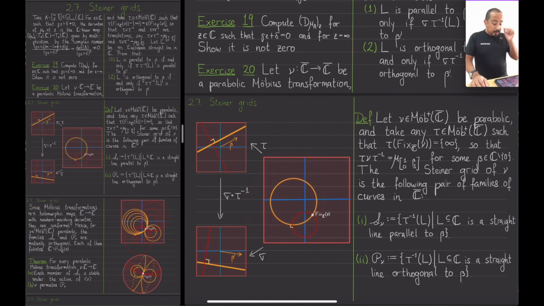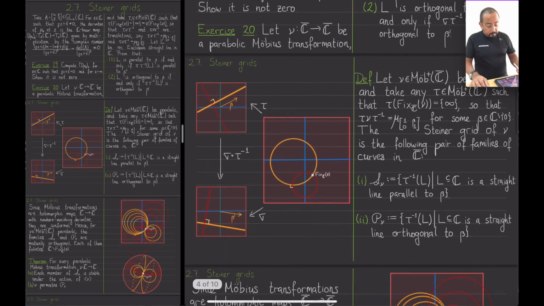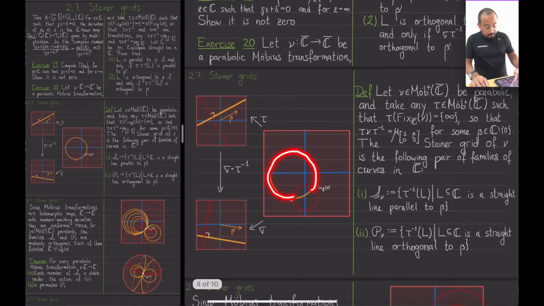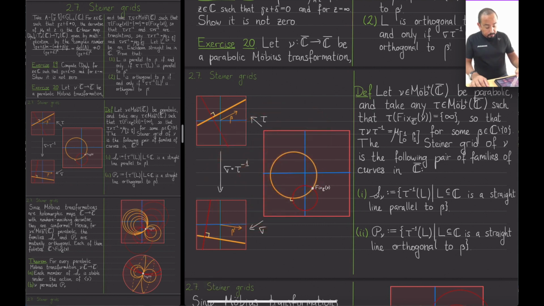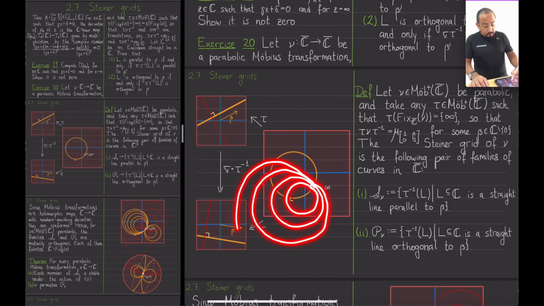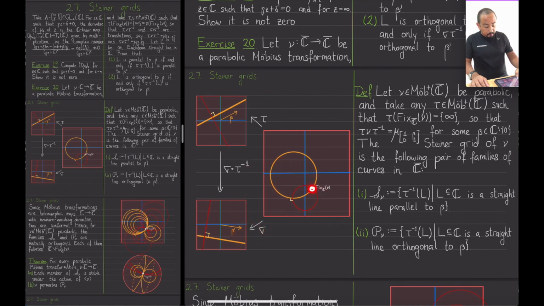Okay, so these two families of curves. So I have one family of curves, all of them tangent to each other in the fixed point of nu, and I have this other family of curves orthogonal to the original one, and again all tangent to each other at the fixed point of nu.